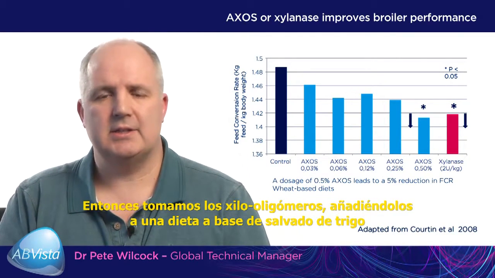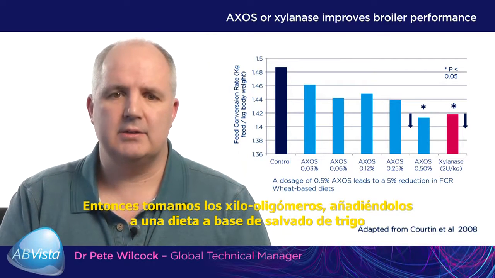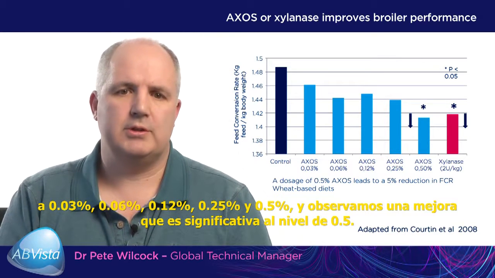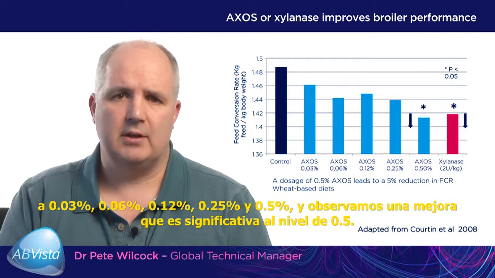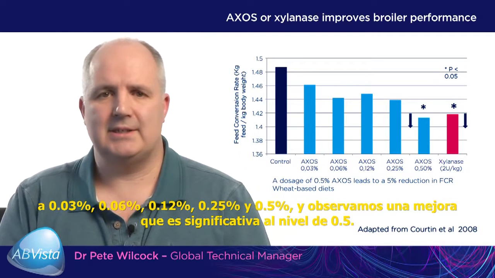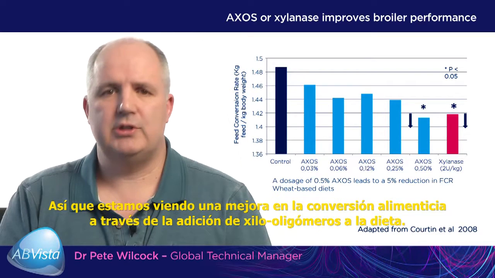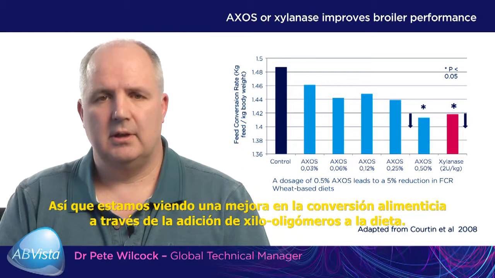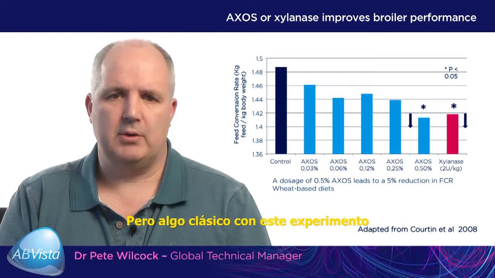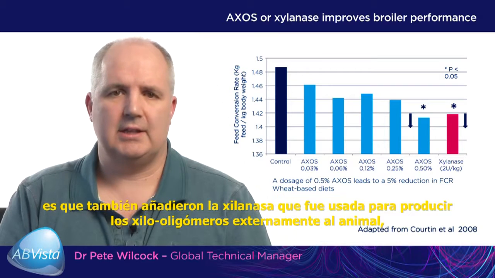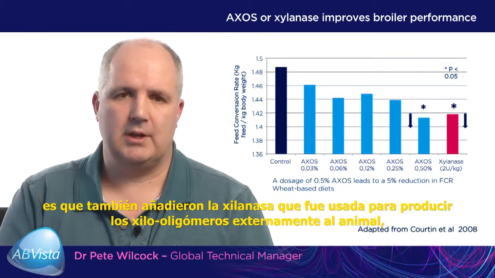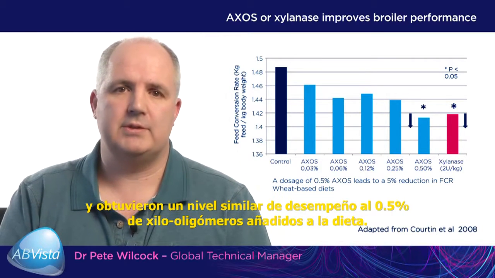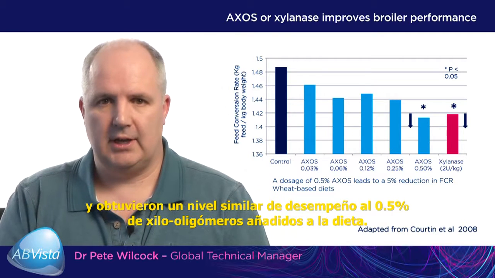As we then add these xylo-oligomers to a wheat-based diet, at 0.03%, 0.06%, 0.12%, 0.25% and 0.5%, we do see an improvement, whereby it's significant at the 0.5% level. So we're seeing an improvement in feed conversion through adding xylo-oligomers to the diet. But the classic thing within this experiment is that they also added the Xylanase that was used to produce the xylo-oligomers externally to the animal, and got a similar level of performance to the 0.5% xylo-oligomers added to the diet.